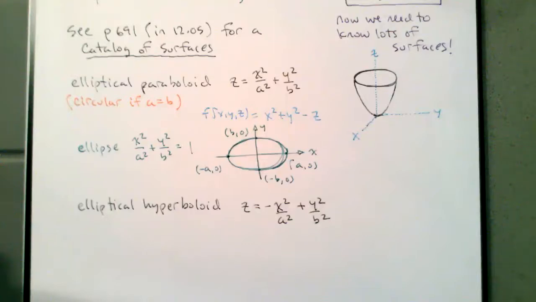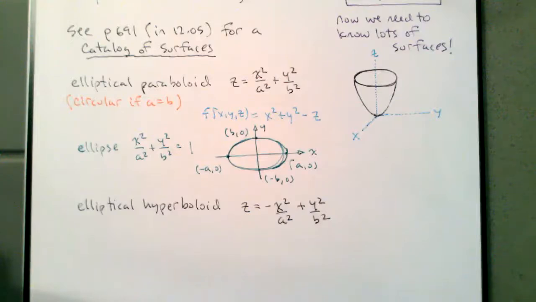So notice what we've done here. We've taken our elliptical paraboloid, and now instead of parabolas that both open up, z equals x squared and z equals y squared, now I have z equals negative x squared, but z equals positive y squared. So in the y direction, our parabola is going to go up, but in the x direction, our parabola is going to go down.